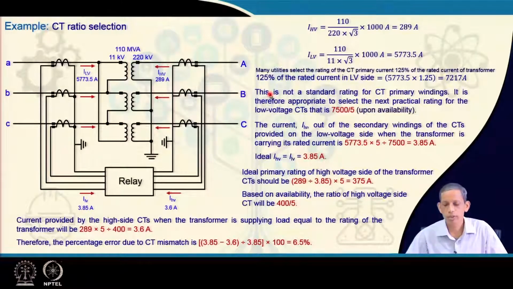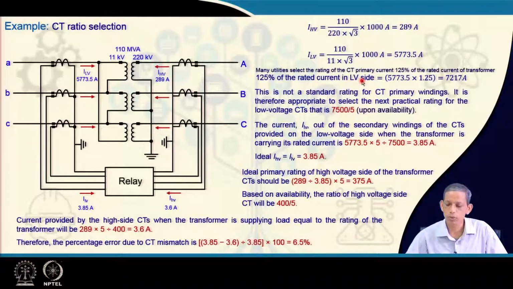So, how to proceed for the corresponding CT selection? Many utilities prefer that the CT primary current should be 125% of the rated current of the transformer, so that overloading and all these things are taken care of.